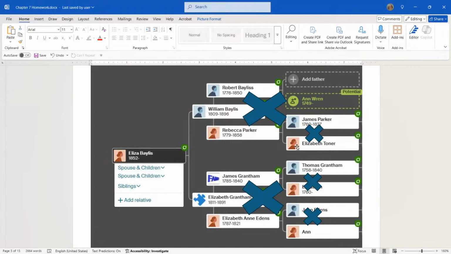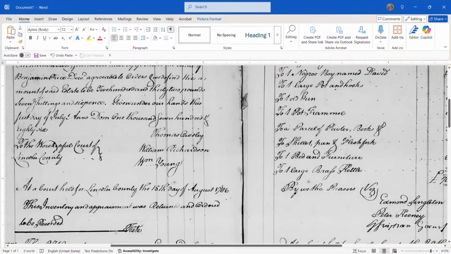I know we descend from James Parker and Elizabeth Toner, and I followed down until I got to a point where I knew that it had to be a combination of... I should have mentioned also that when I found Mrs. W.L. Davis, I did find a descendant of her, and I DNA tested, and she was a match to our family. So it made total sense.